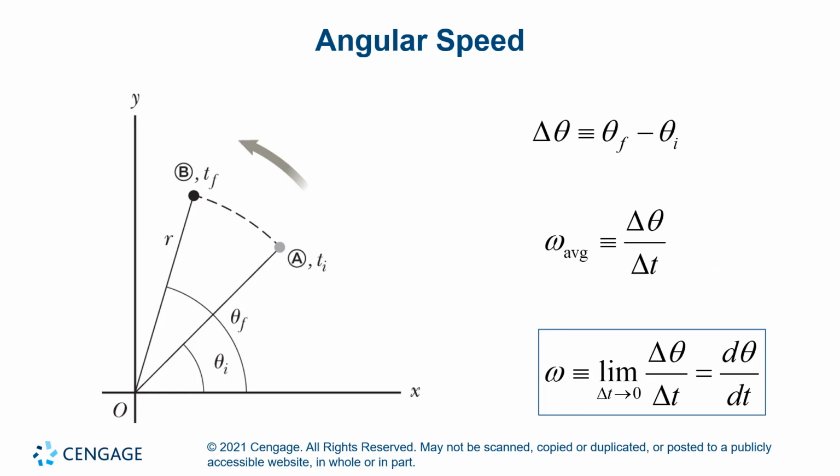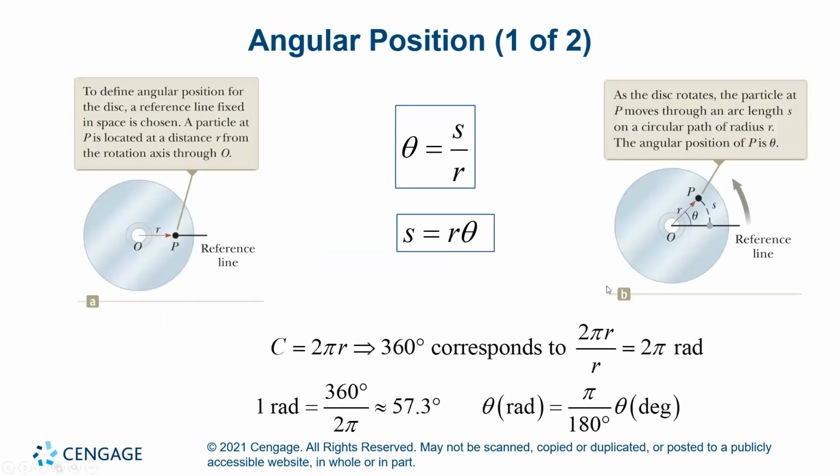The unit of angular speed is radians per second, rad per second. But actually, rad per second is also equivalent to 1 over second because radians is not dimensional. It almost has no unit. Radians is not a real unit. Why do I say so? Go back here.